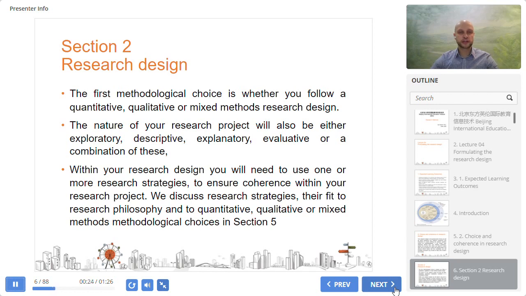Within your research design, you need to use one or more research strategies to ensure coherence within your research project. We discuss research strategies, their fit to research philosophy, and to quantitative, qualitative, or mixed methods methodological choices in section 5. Your methodological choice and related strategies will also influence the selection of an appropriate time horizon, which we will consider later.